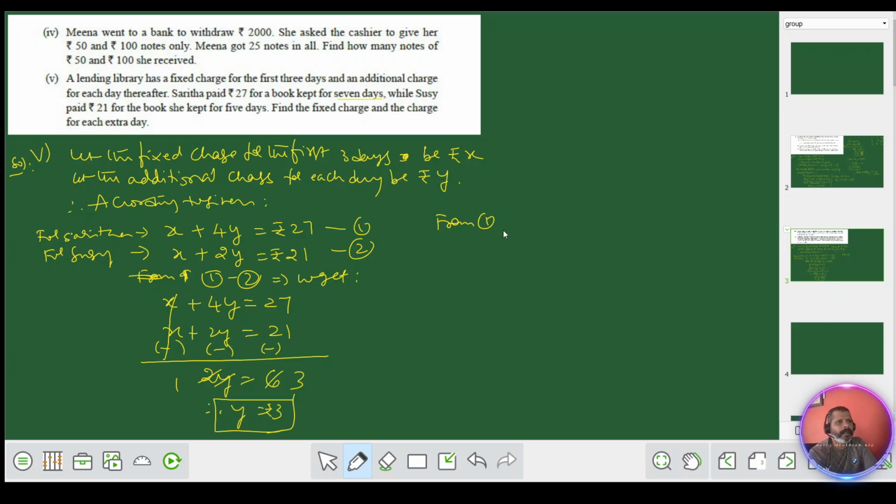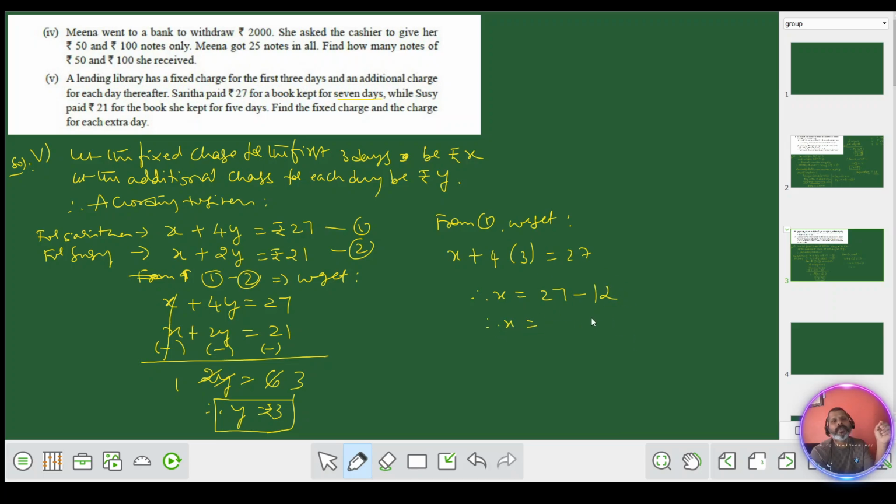From 1, we get x plus 4 times y, which is 3 rupees, is equal to 27 rupees. x equal to 27 minus 4 times 3, which is 12, so 27 minus 12. Sorry, I'll write it out.